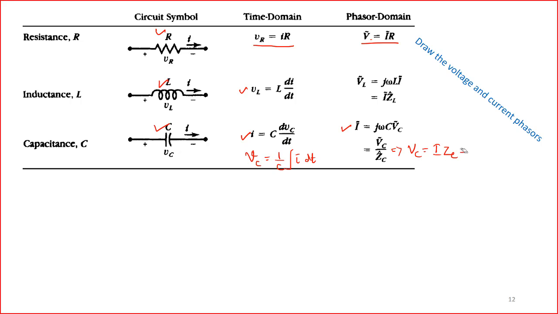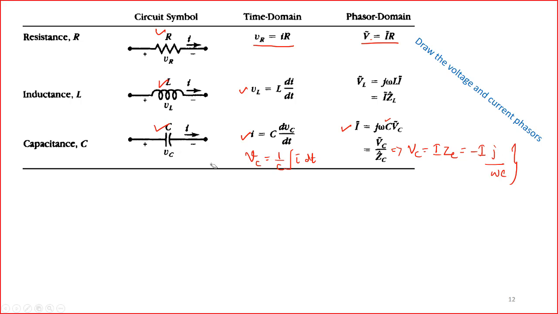So Zc is nothing but 1/(jωC), which is the impedance. It becomes minus j/ωC, because j will go up to the numerator and become negative.